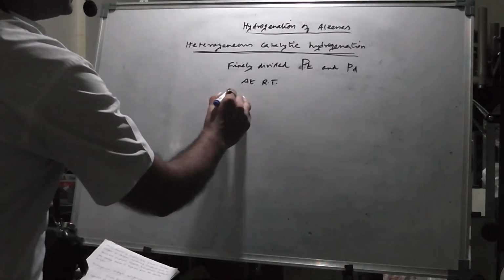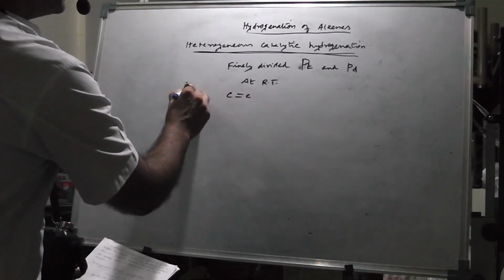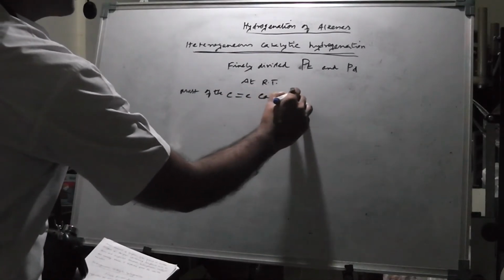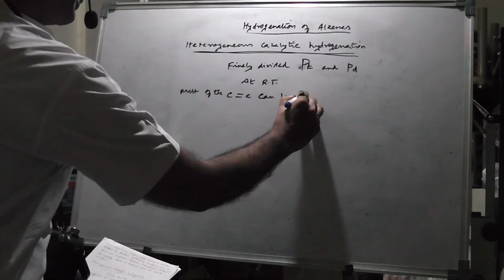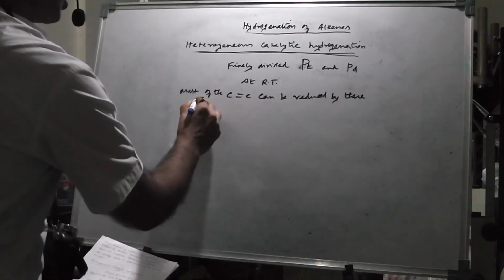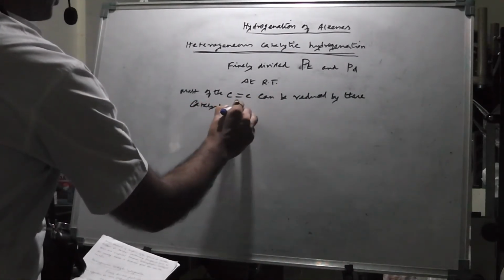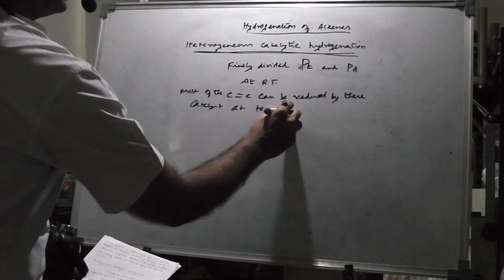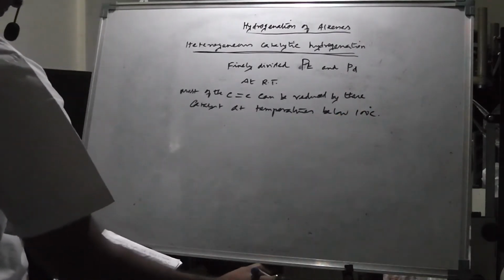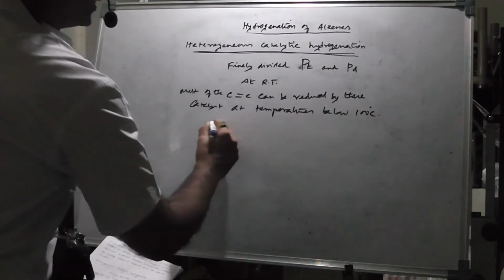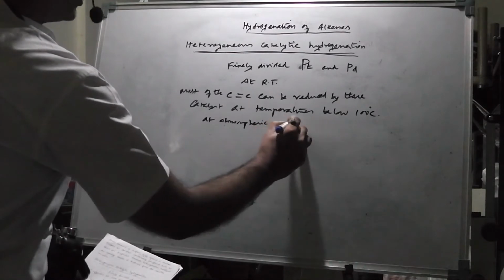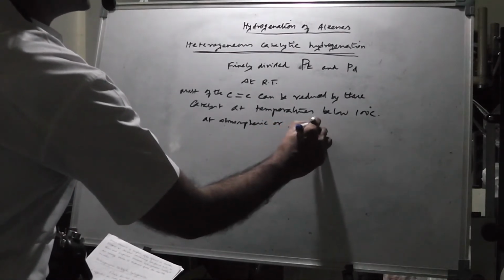Most of the C=C double bonds can be reduced by these catalysts at temperatures below 100 degrees centigrade and at atmospheric or slightly increased pressure.